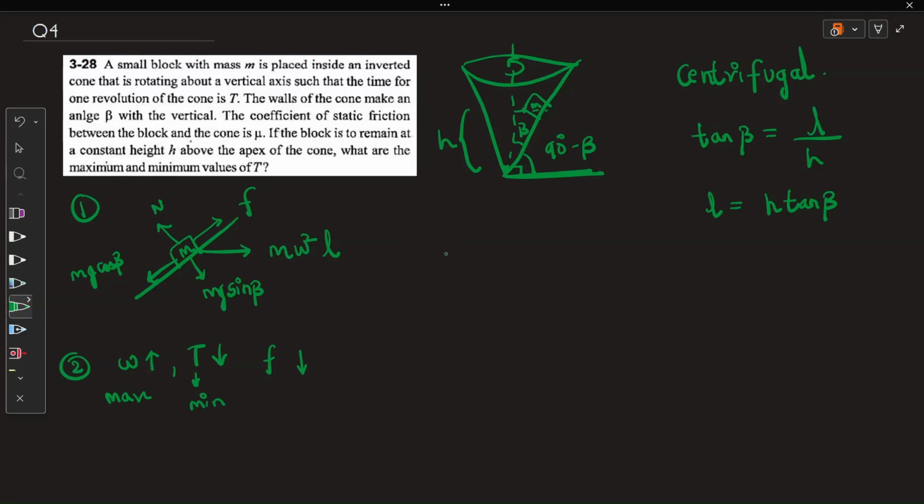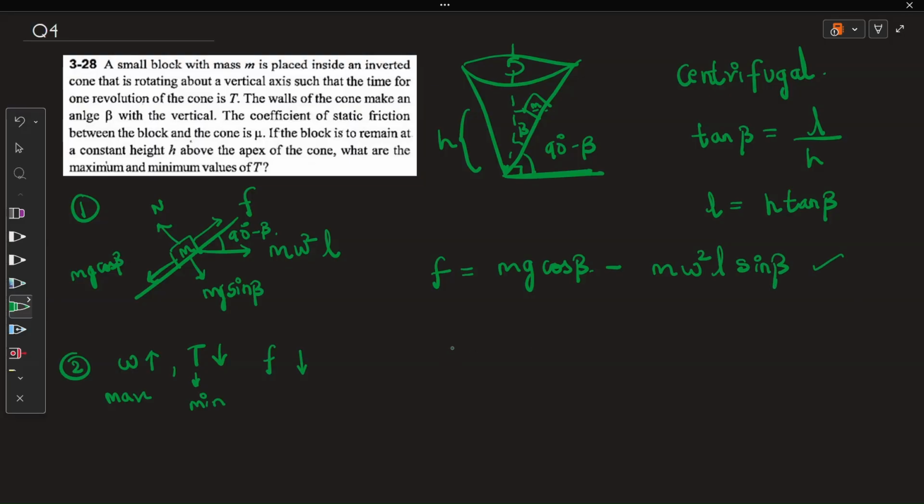Now what people usually write is F is nothing but, they will take the component here. This is 90 degrees minus beta. F is nothing but mg into cos beta minus m omega square L into sin beta.